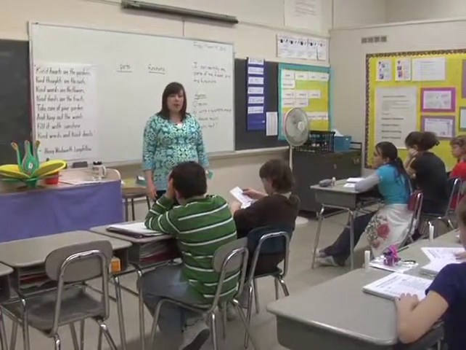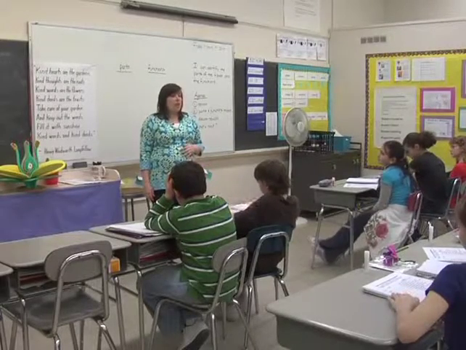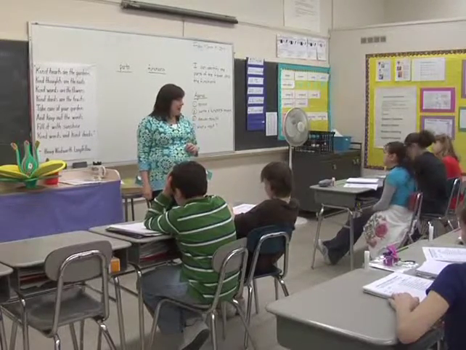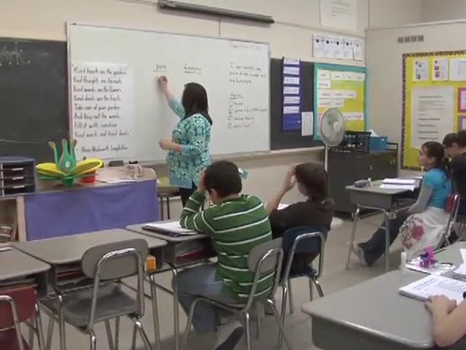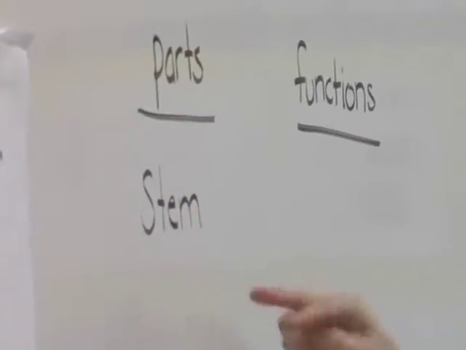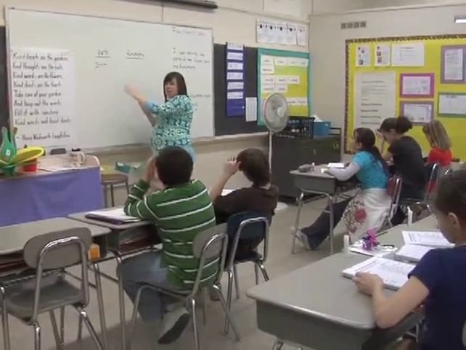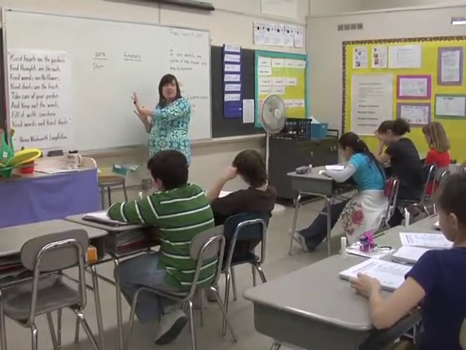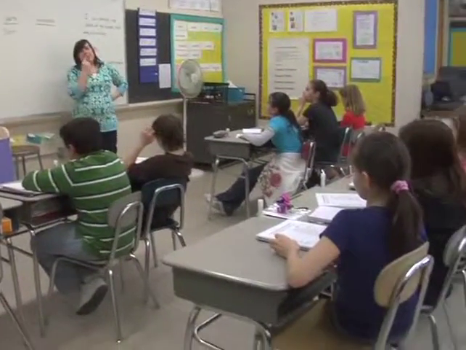And if you really think you're stuck, turn to your partner and ask for a little help, okay? So say our first part was the stem. So I would cut out stem and put it on the left side of my desk or on the paper, arranged it without gluing it until we're sure. And then I'm going to look for a function that says what?